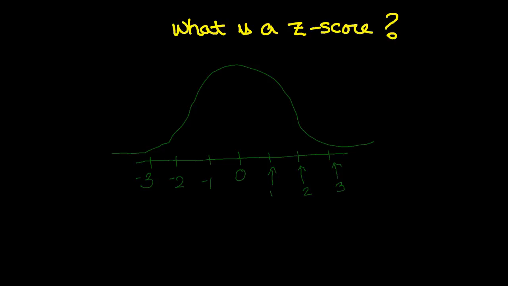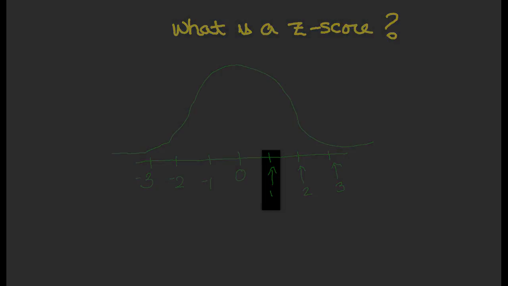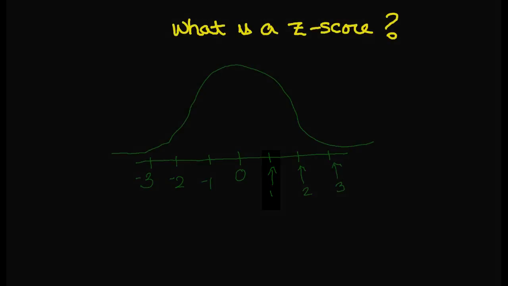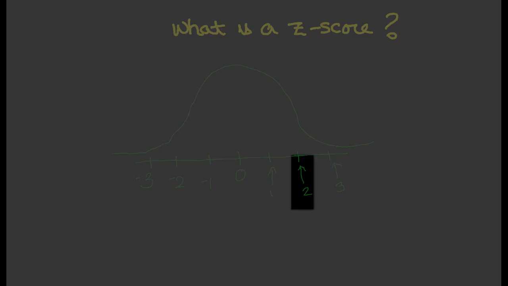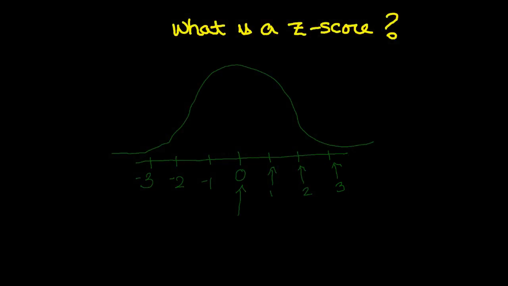So if I come out to 1, I'm saying I'm 1 standard deviation away, 2 standard deviations away, 3 standard deviations away from this middle value right here that is the mean. So if I do my calculation and I come up with a z-score equal to, let's say, 1.28.